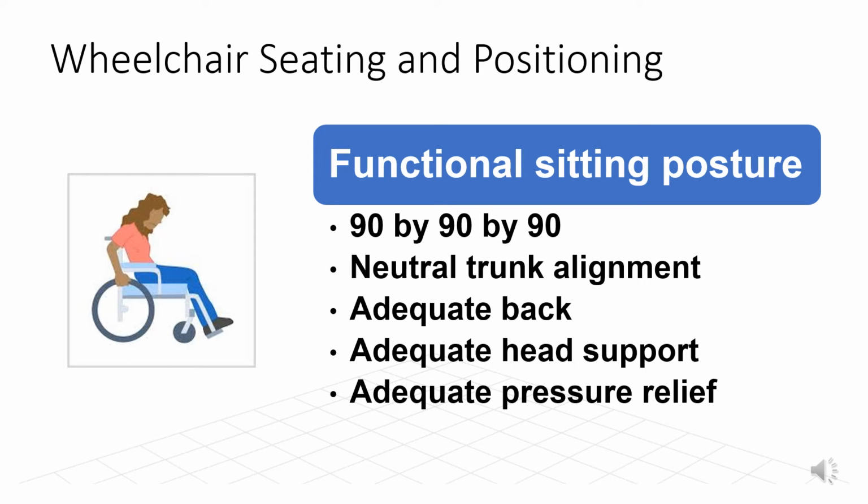What is the functional sitting posture? 90 by 90 by 90, that is 90 degrees hip flexion, 90 degrees knee flexion, and 90 degrees ankle flexion.